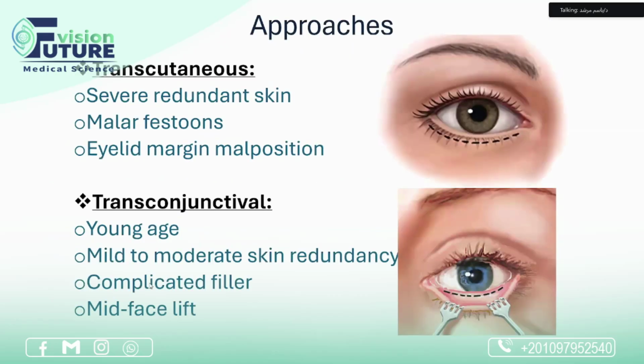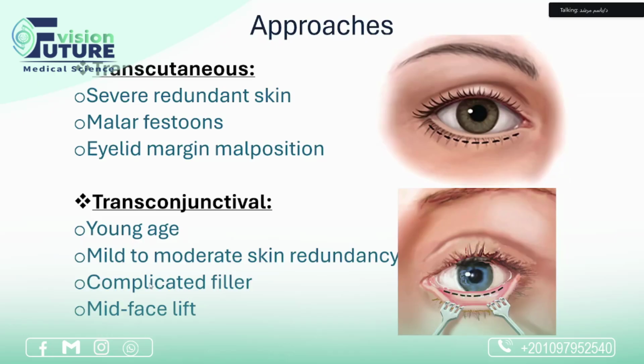As we know, we have two main approaches to perform a lower blepharoplasty, whether it's a transcutaneous approach or a transconjunctival approach. The transcutaneous approach is usually left to cases with severe redundant skin. And I mean severe is those cases where you can pull a considerable amount of skin from the lower eyelid without any possibility of complications like ectropion or any deformity in the contour of the eyelid.